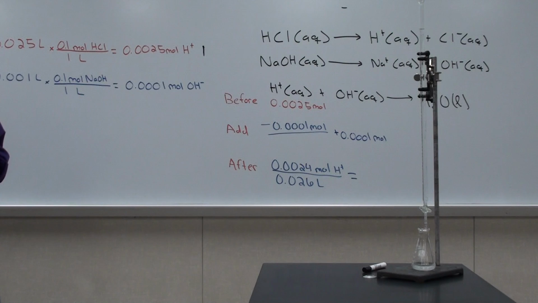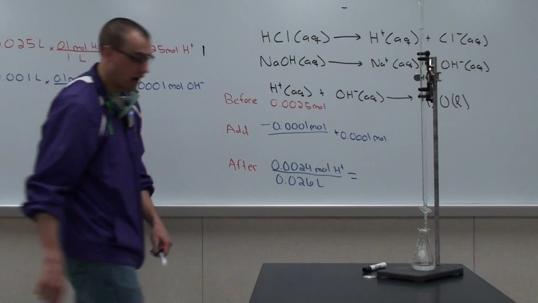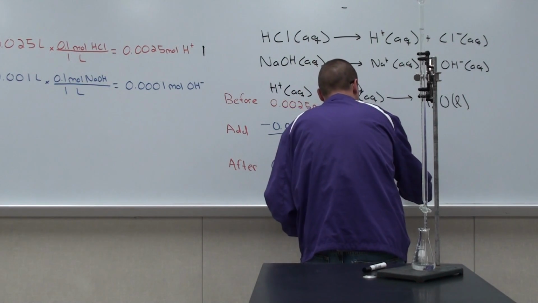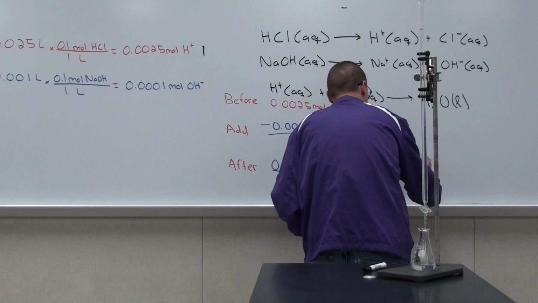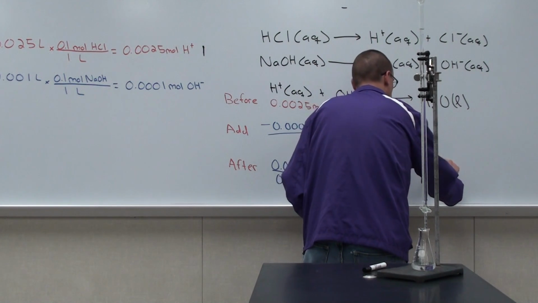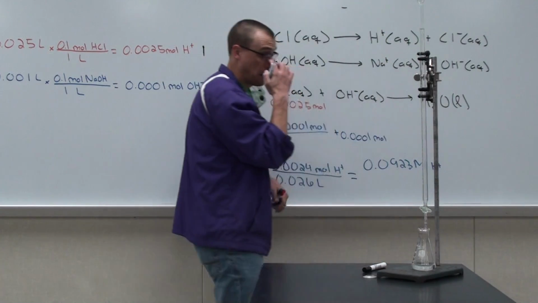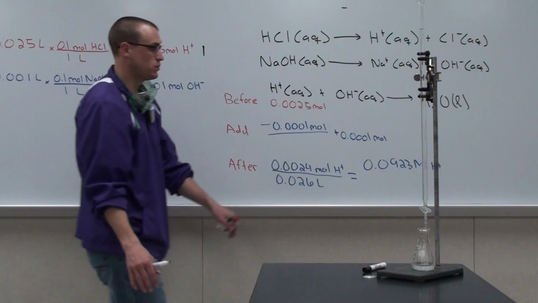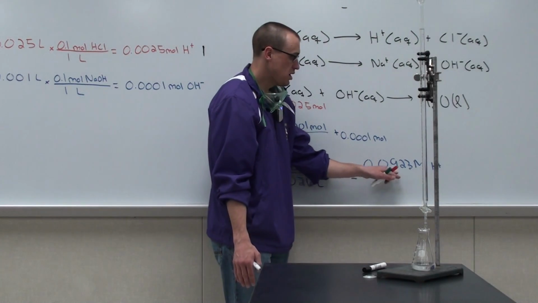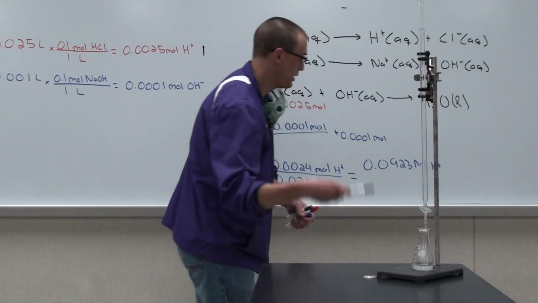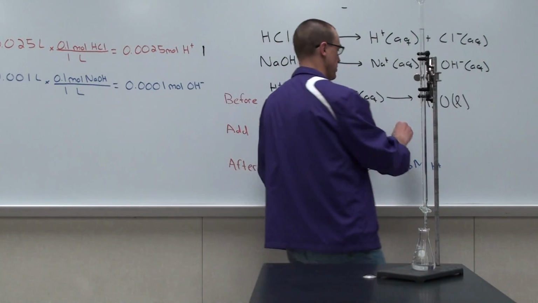So when we punch this into our calculator, I end up getting 0.0923 molar of those H plus ions. So I'm going to plug our concentration of H plus ions into our pH equation. Let me go ahead and write that up and do this on my calculator.